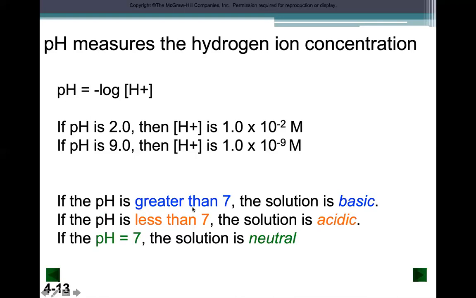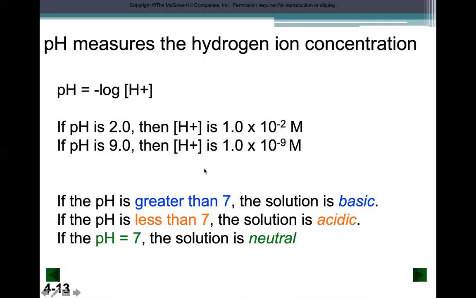If the pH is greater than 7, we have a really small concentration of hydrogen ion, and we would typically say the solution is basic. It has more OH minus ions floating around in solution than it has H plus ions, and that's why it is considered to be basic.